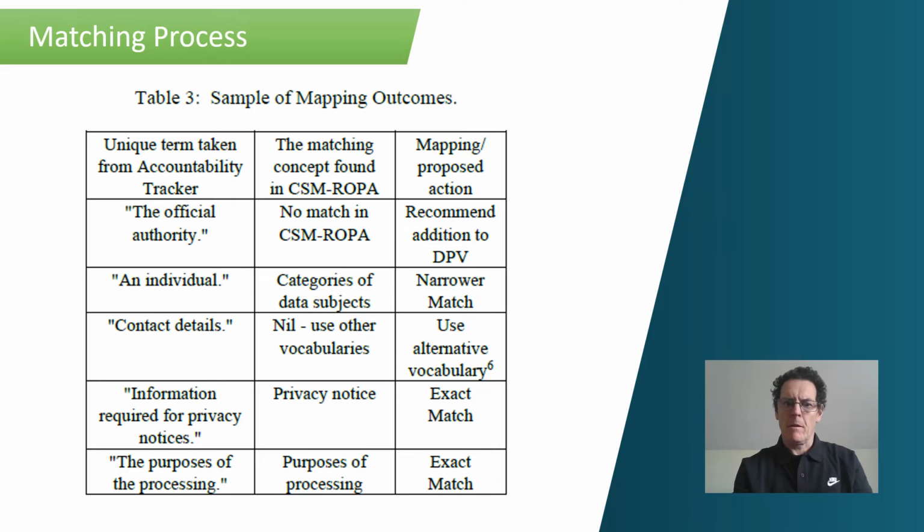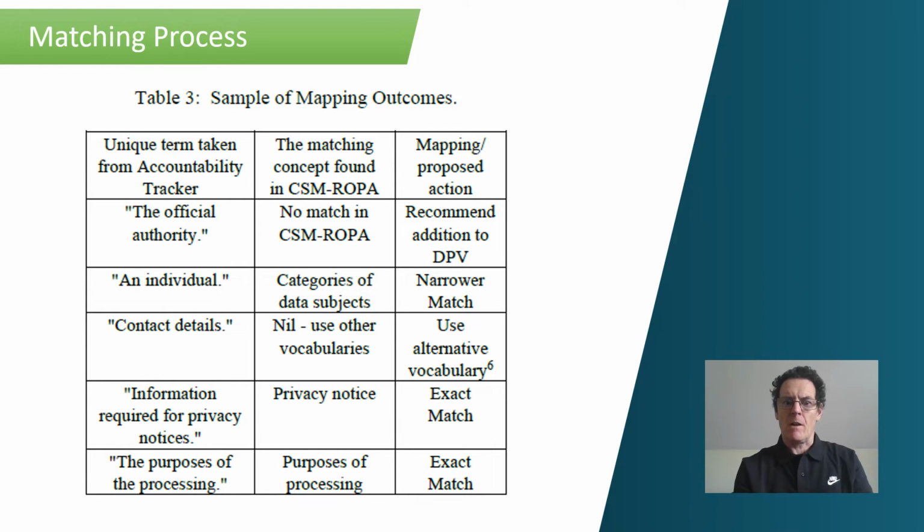Here are some examples of the matching process. As you can see from the term purposes of processing, we achieved an exact match with CSM-ROPA. For the term an individual, we achieved a narrower match to CSM.